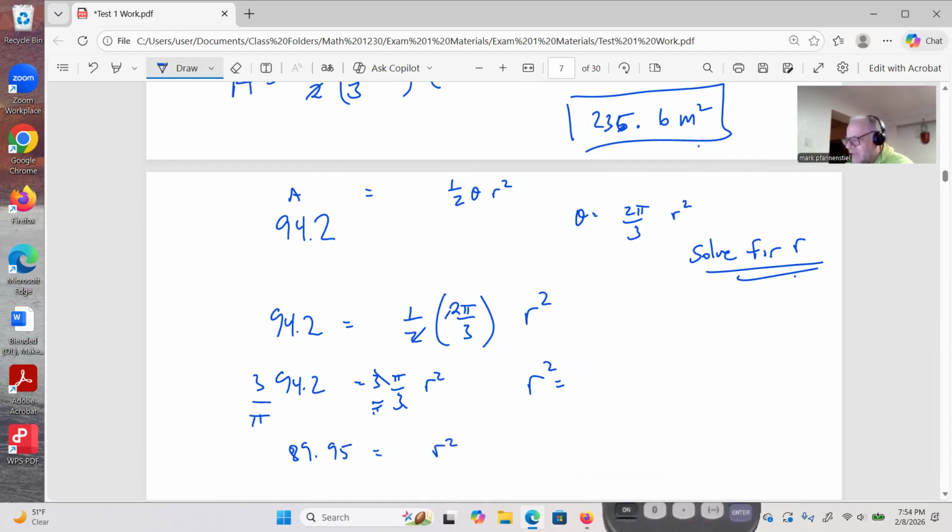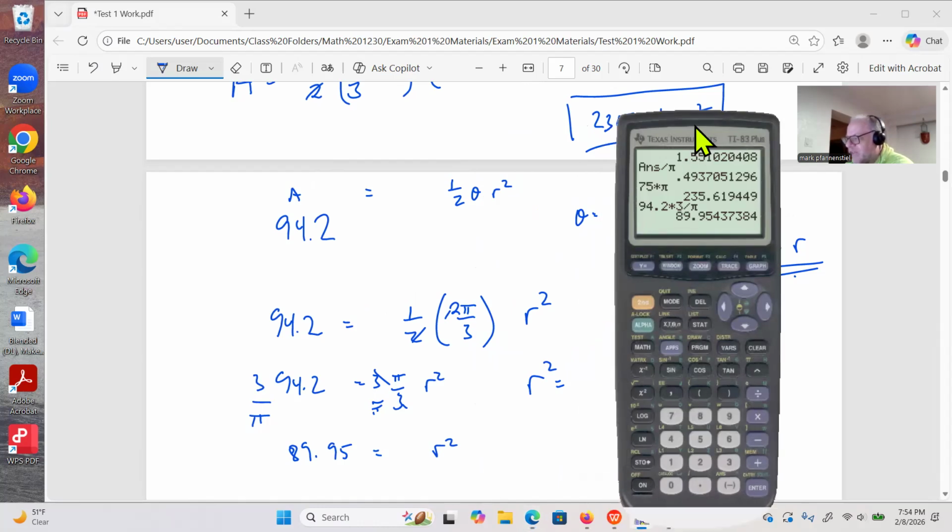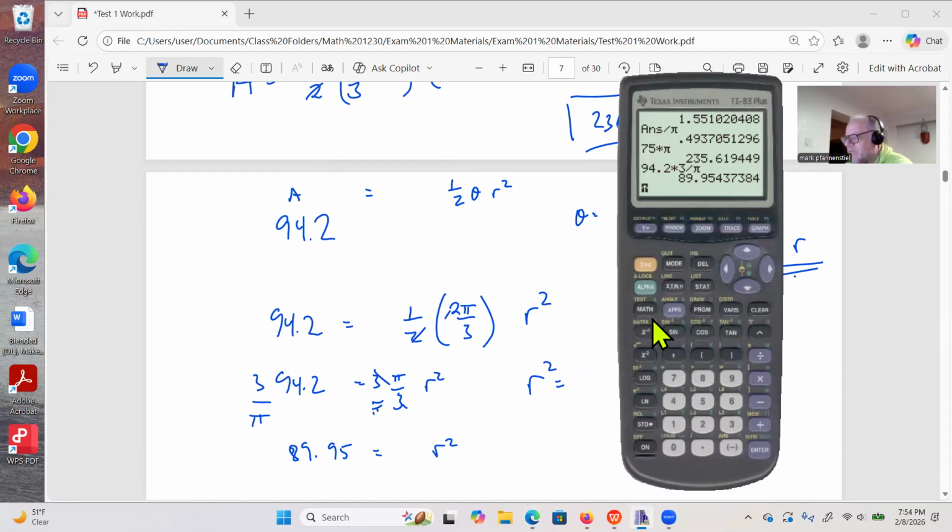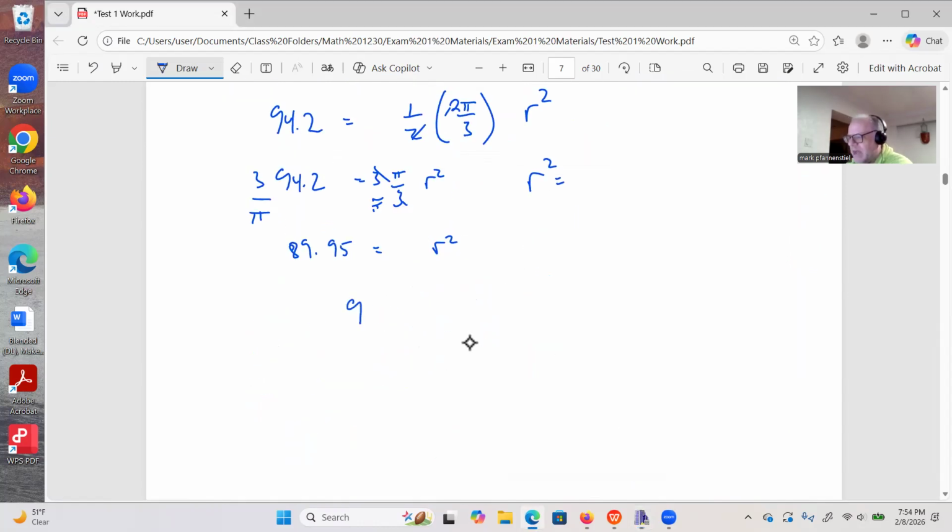The last thing we have to do is figure out what r is, so we have to take a square root here. Second function, square root, second function answer, and we'll get a value of about 9.48. I think it's in meters. So since I said 1 decimal place, this will be 9.5 meters. Okay, that is equal to my radius.